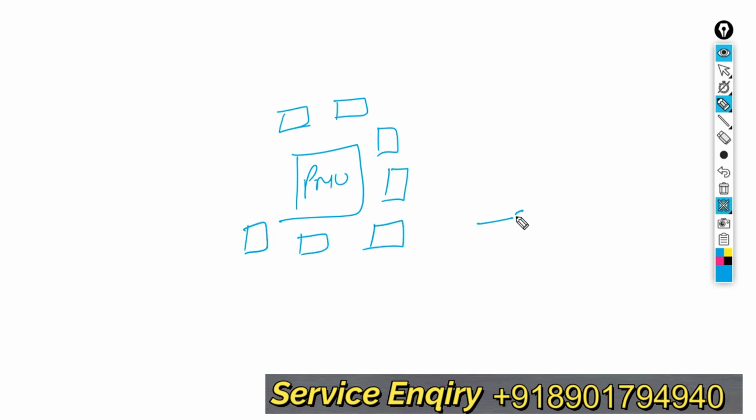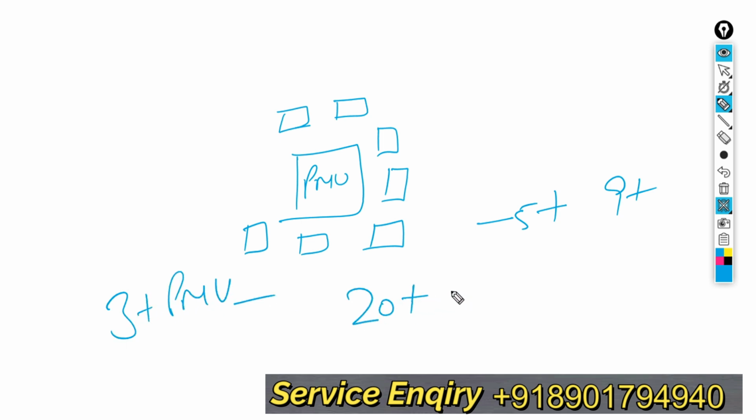Let's say a minimum of 5 to 9 plus. Let's say a phone has a 3 plus PMU. In this phone, you get 20 plus buck inductors near the PMU, a coil basically. Number one, now you can easily find, without schematic, without hardware solution, which IC or chip is the PMU.